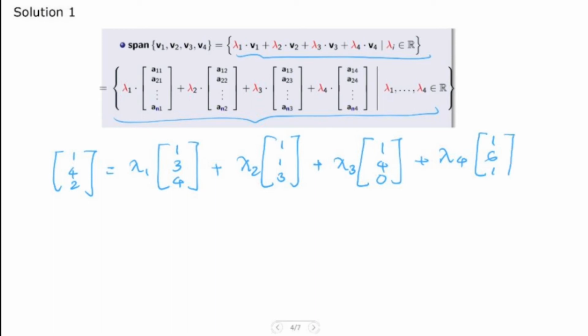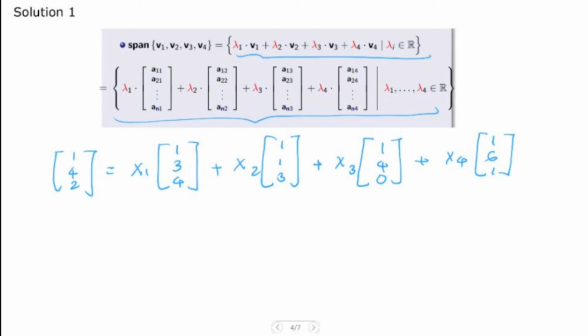Now, instead of calling them lambda, let's just call them x1, x2, x3, and x4. You could just call them anything. I'm doing this for a purpose, which you'll see in some time.